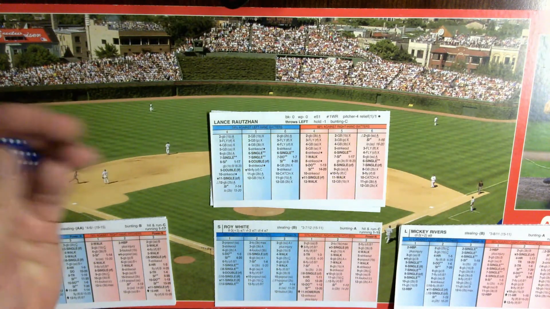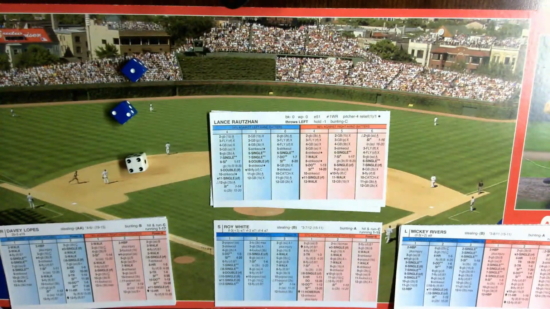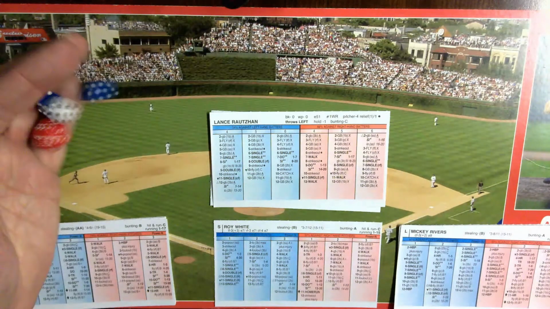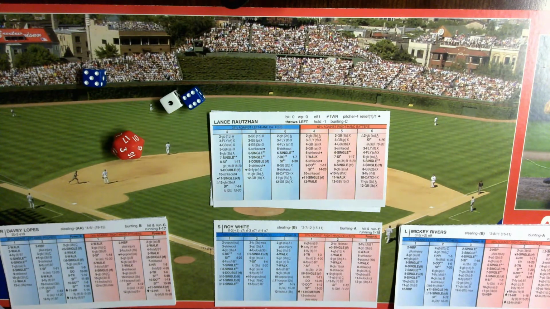The lefty throws the ball home. That's a 4 and a 3 on a right-handed batter. A 4 and a 3 is a fly, right field X. All right, so that is to Reggie Smith. Smith is at 2 and a 6. That's a 3. A 3 on a 2 is an SI2.